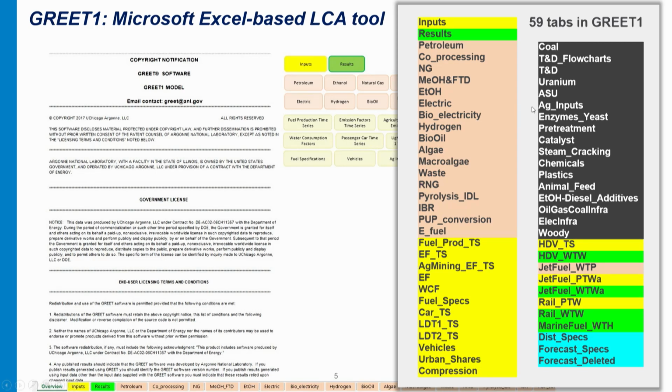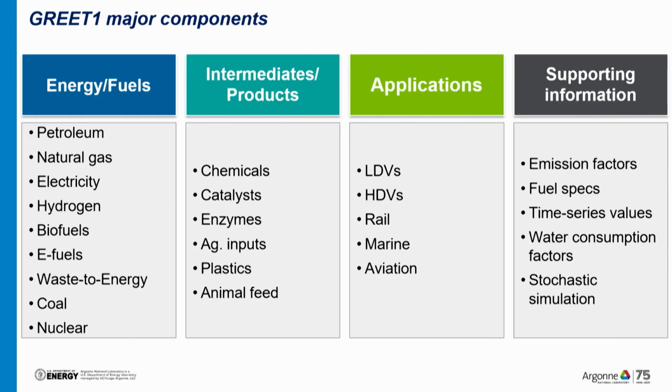There are 59 tabs in GREET 1, so you can download it and look at that. Then there are 51 tabs for the different energy sources and fuel production, and all the different material uses are captured there. The major components are petroleum, energy fuels, intermediate products, applications, and supporting information.